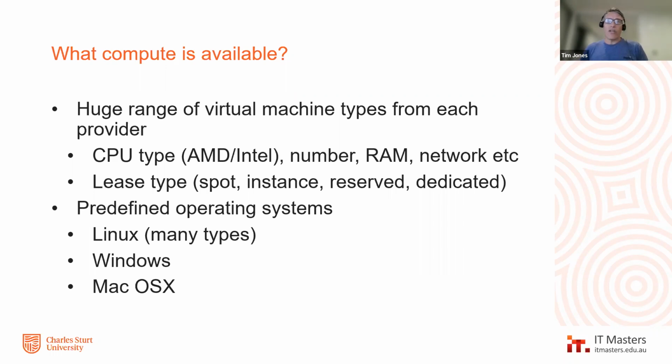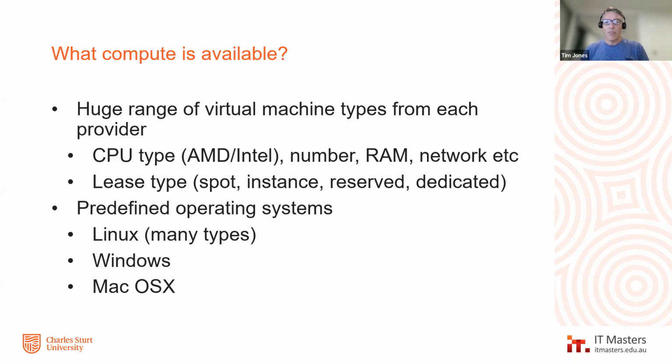And then we have predefined operating systems that are part of the deployment for these as well. So Linux is the most common, so that we see these all the time for building blocks for applications. We get them, we start them up.